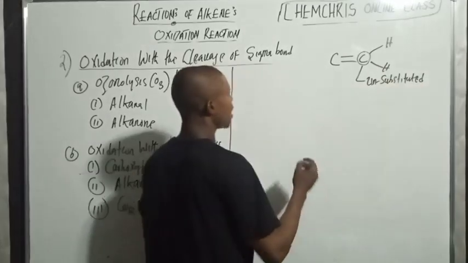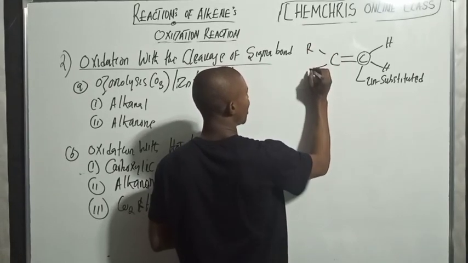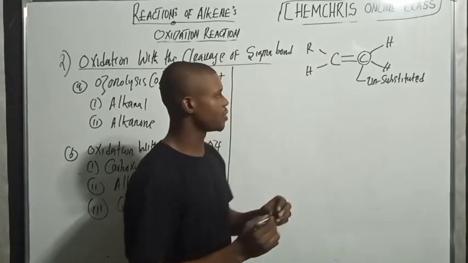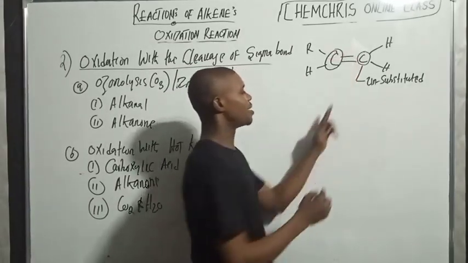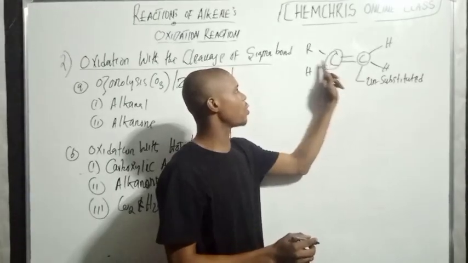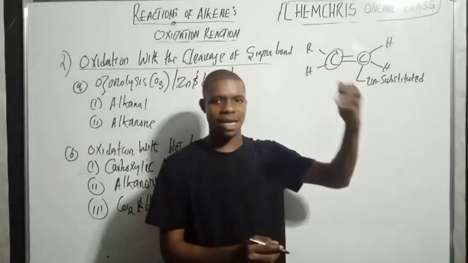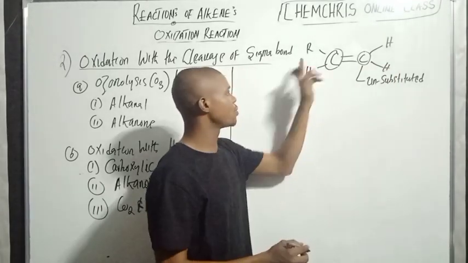You understand? Now, if for example here we have one that carries one hydrogen, remember the difference between these two? This one carries two hydrogens, right? This one carries one alkyl group, which can be a methyl, ethyl, or propyl, depending on the type of alkyl.